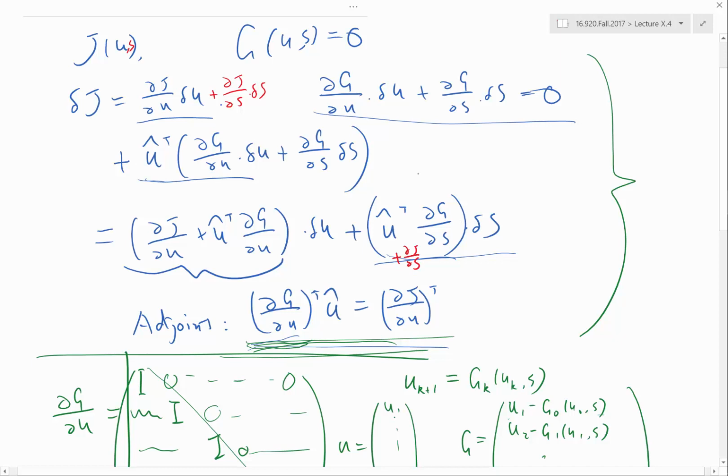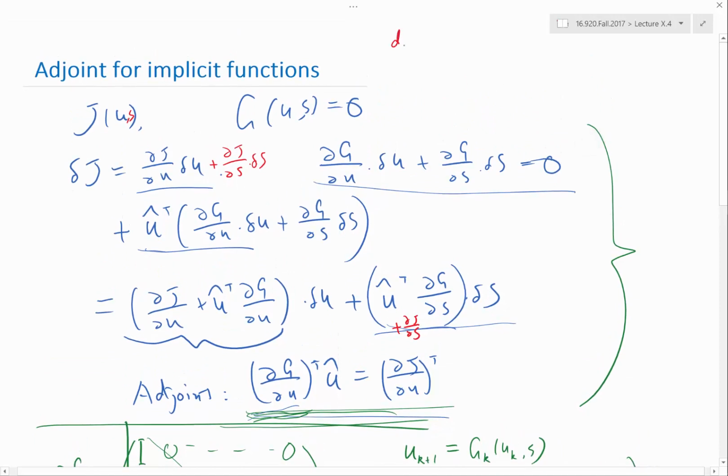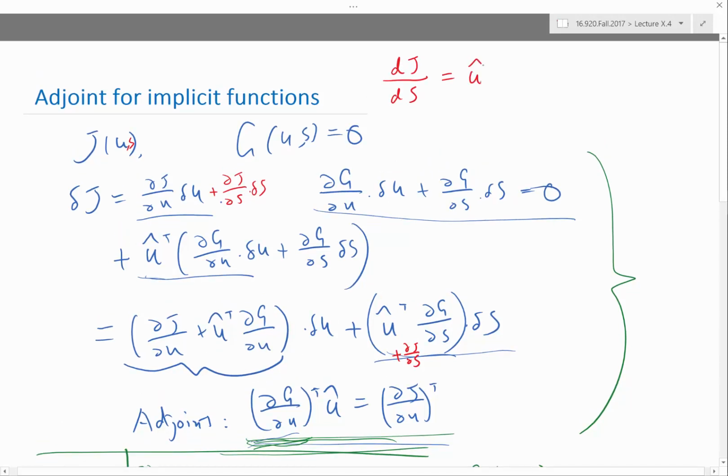So my total derivative of J with respect to S would include the adjoint term, u hat transpose times dG/dS, plus an explicit partial derivative of J with respect to S. It may be a little bit confusing, let me write it down. Usually that's how people write it: dJ/dS is equal to u hat transpose partial G partial S plus partial J partial S.